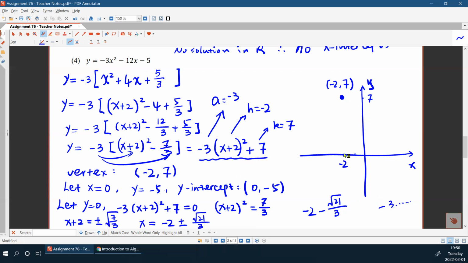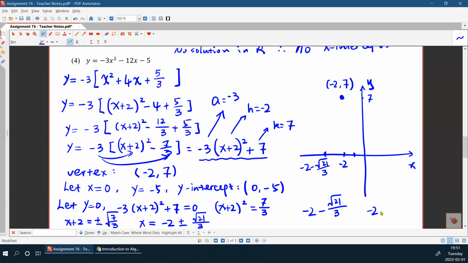You can give it a rough approximation. So apparently it's less than -2, right? So if it's less than -2, it's around here. So let's label this point here.